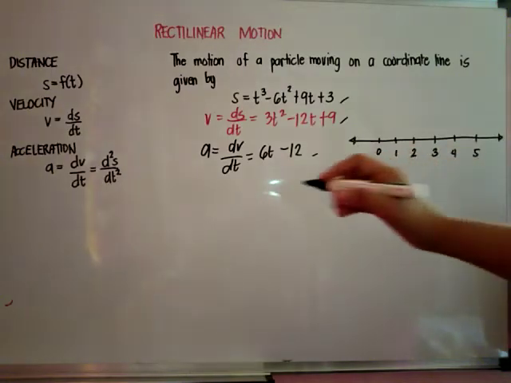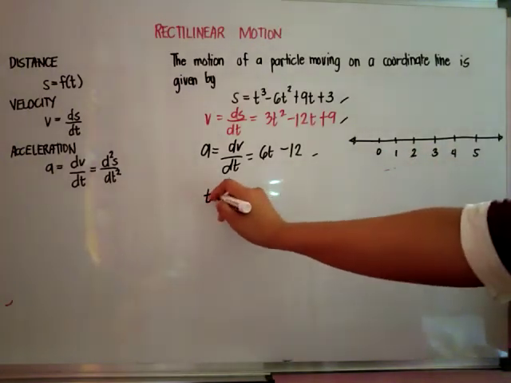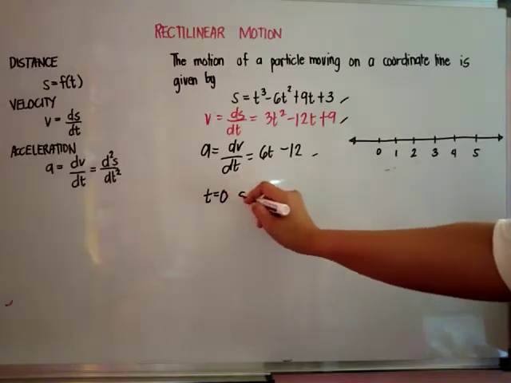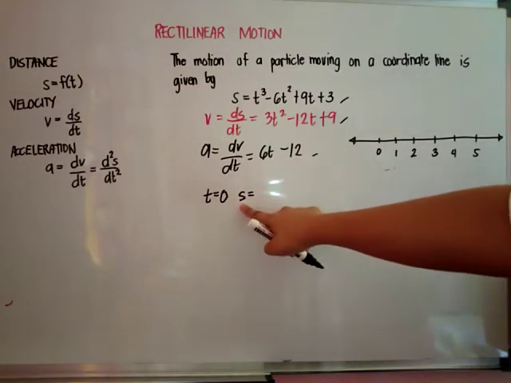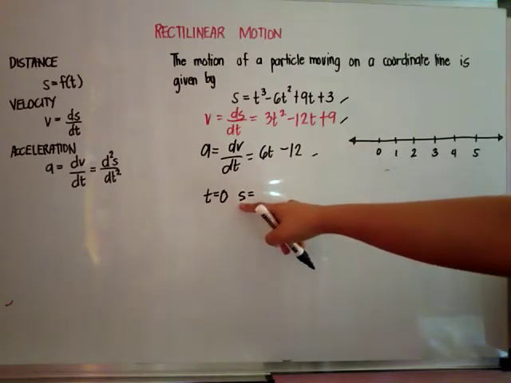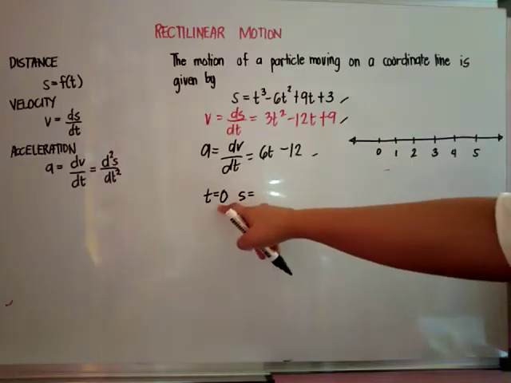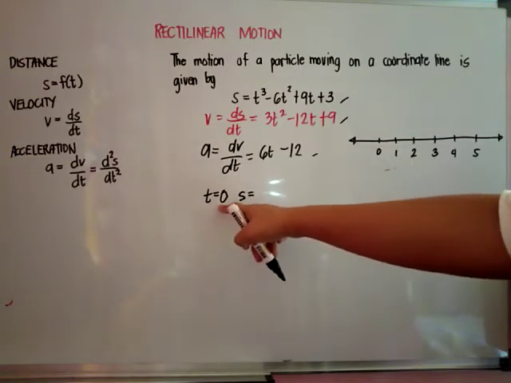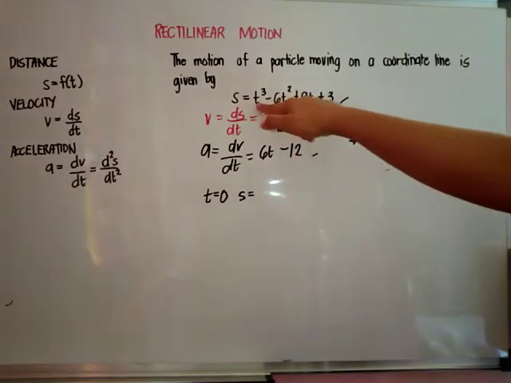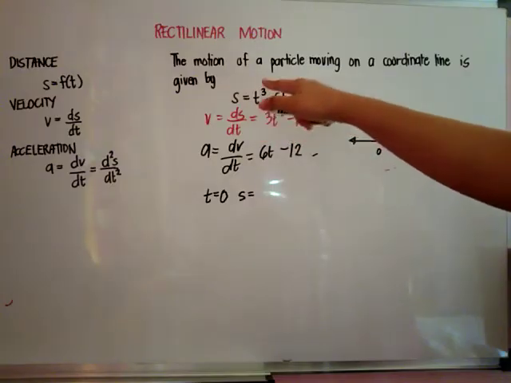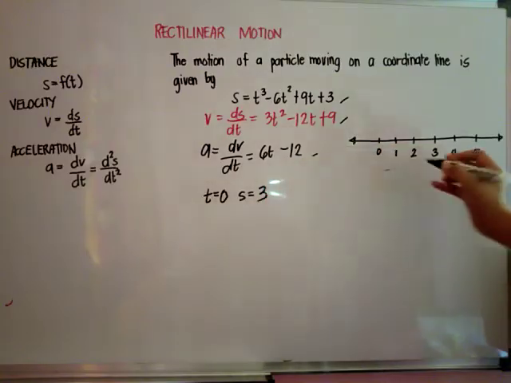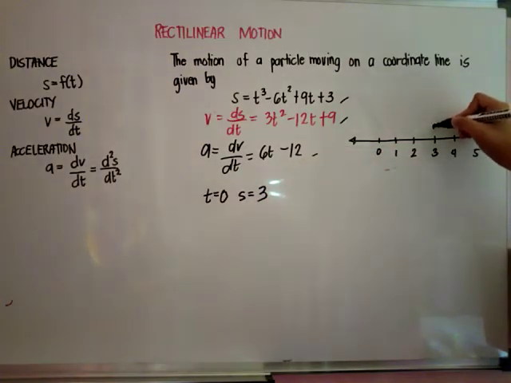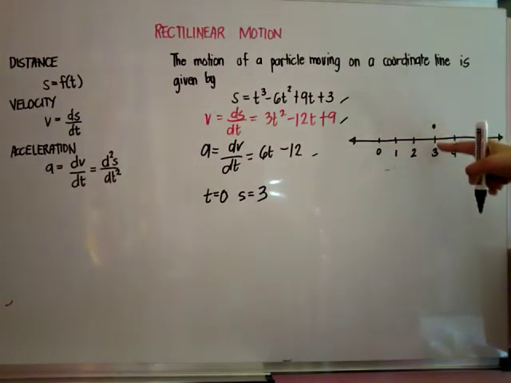Ibig sabihin ng starting point, at time equal to 0, ano ba yung value ng distance natin? Nasaan siya? To find the location of the particle, substitute lang natin yung value ng t which is equal to 0. Kapag sinubstitute natin, 0, 0, matitira is 3. So, therefore pala, ang starting point niya is andito siya, sa 3.